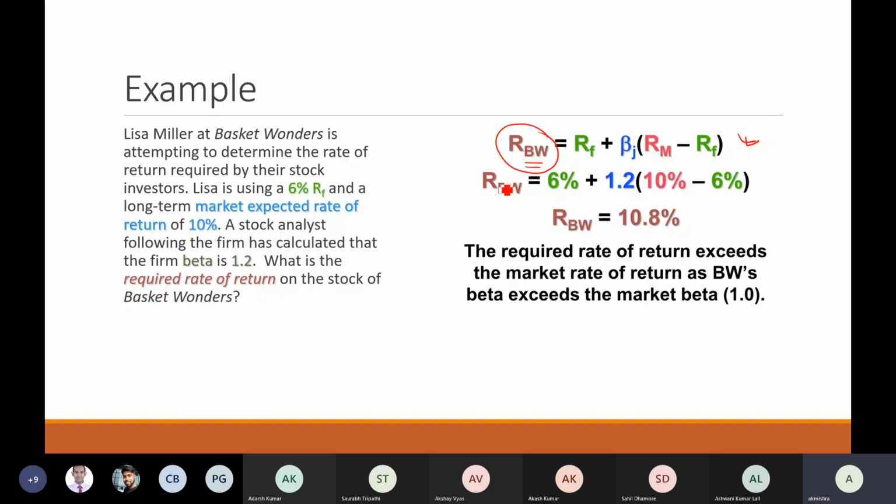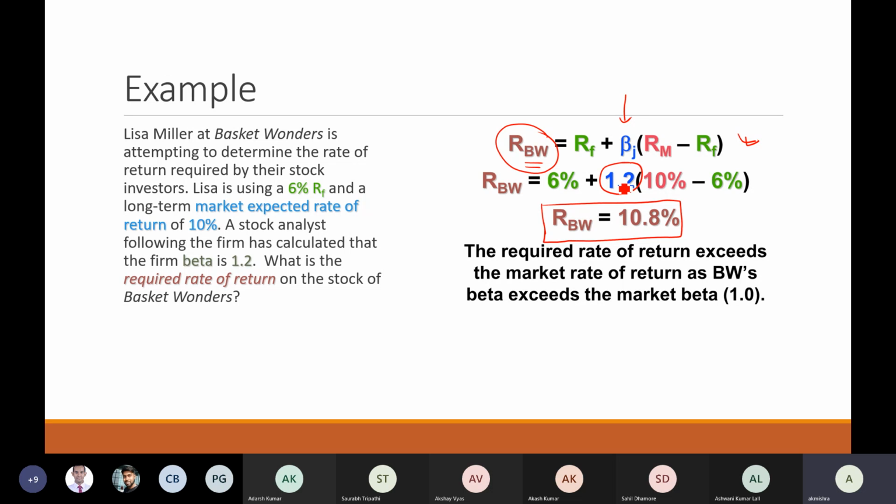So this suggests that your stock-specific systematic risk is 1.2, and using this your expected stock return comes to 10.08%.